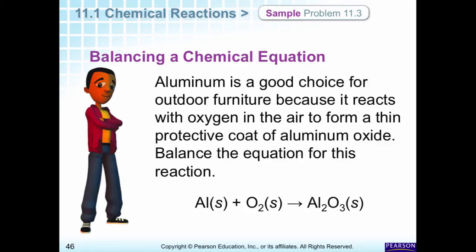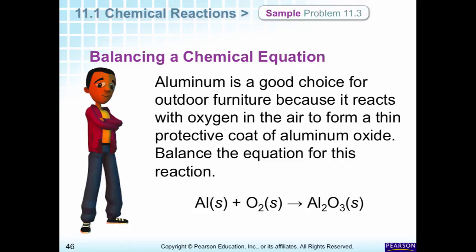Aluminum is something that forms what we call a patina. It's similar to what happens to the Statue of Liberty. If you know copper is brown, the Statue of Liberty is copper, and it's green. Anytime you see green roofs that are copper, what happens is when copper is out in the elements, it forms an oxide, and it's a green color.